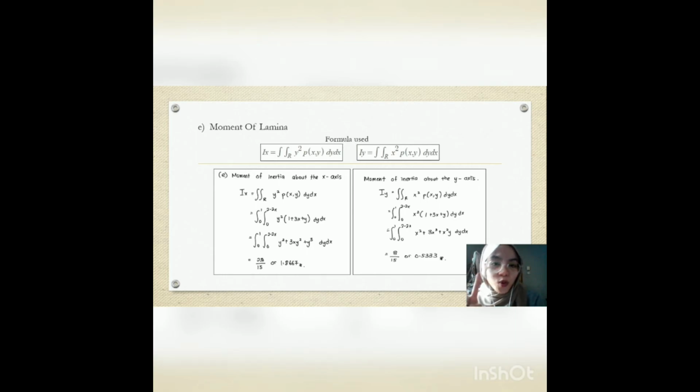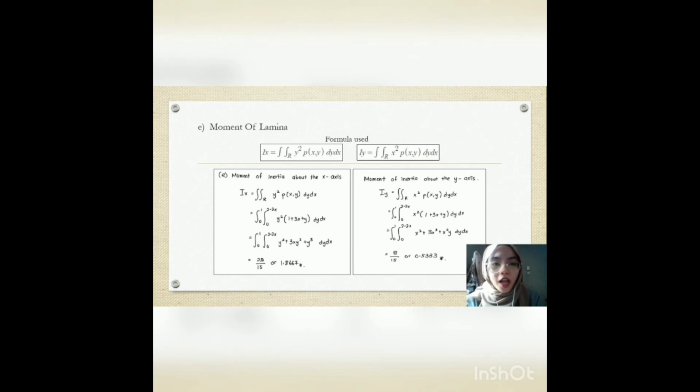There are two, which are the moment of inertia about the x-axis and the moment of inertia about the y-axis. The formula we use is Ix equals the double integral of y squared rho dy dx, and the other one, Iy, equals the double integral of x squared rho dy dx.